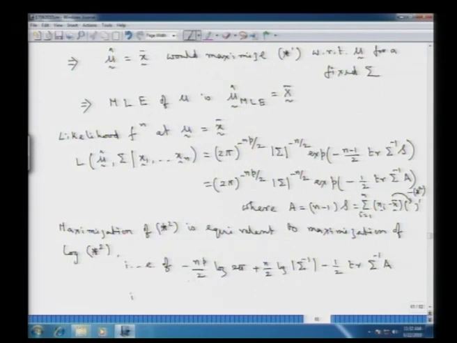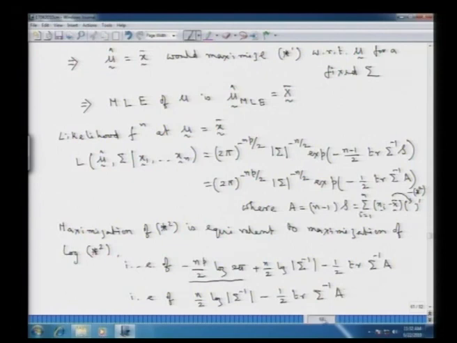Now, note that this particular quantity is constant, and hence there is nothing to maximize here. So, that is of n by 2 log determinant of sigma inverse minus half trace of sigma inverse A, right.